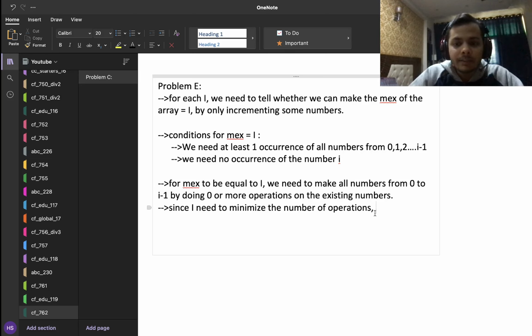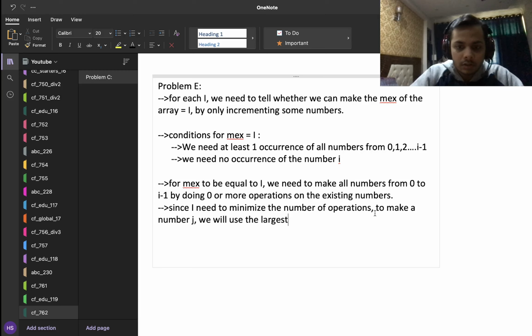So since we need to minimize the number of operations, to make a number j, we will use the largest number less than or equal to j, let it be k, and add j minus k to the answer, right?